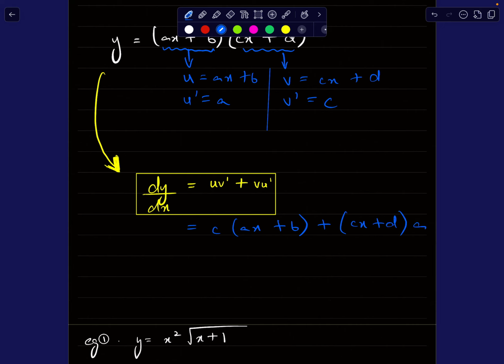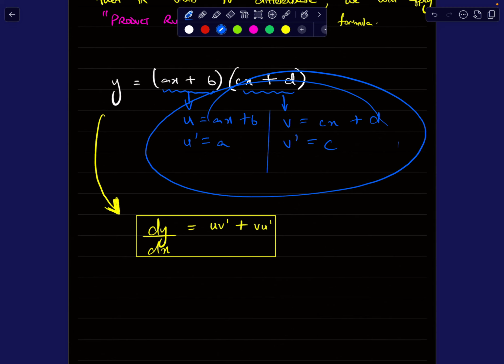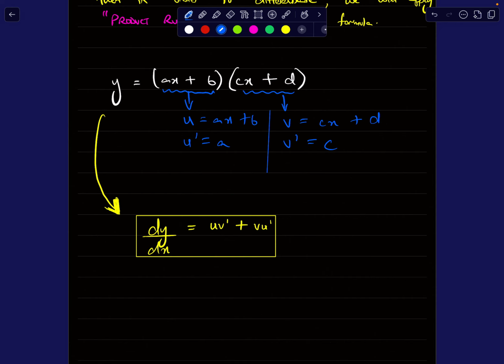But you won't have to simplify expressions like this, but you get the point. Identify u and v, find u prime and v prime, and then finally apply the formula.